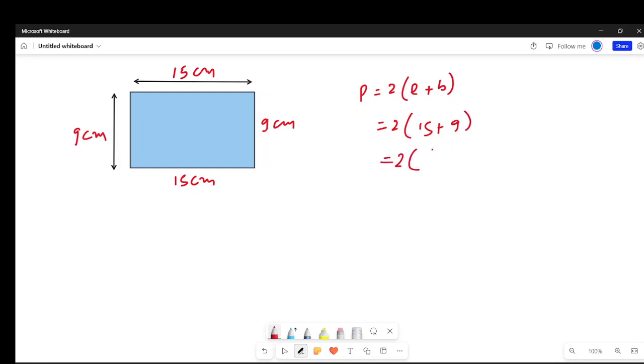How much is the sum? 24. What will be the multiplication? 2 times 24 is 48. That is the answer: 48 centimeter, the perimeter of the given shape. Clear? That is the most important point.